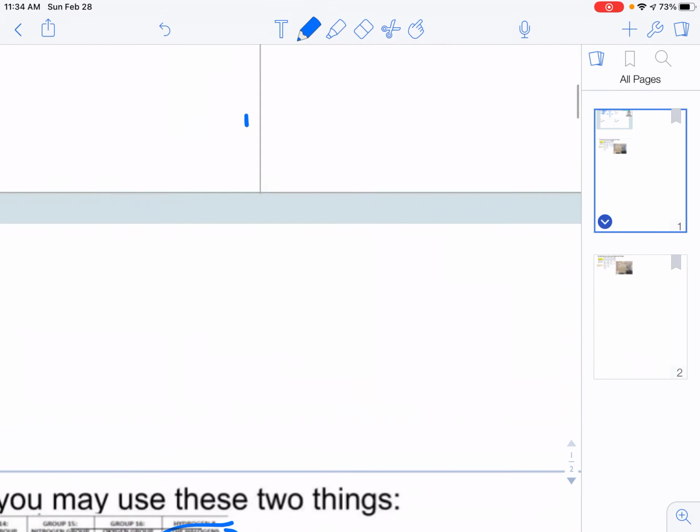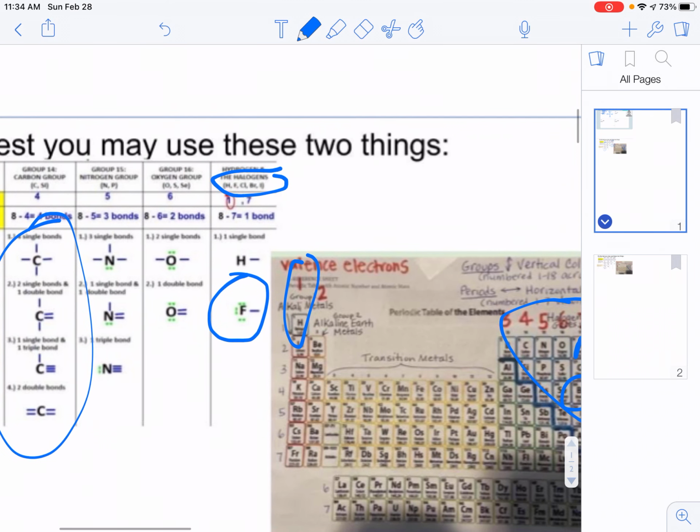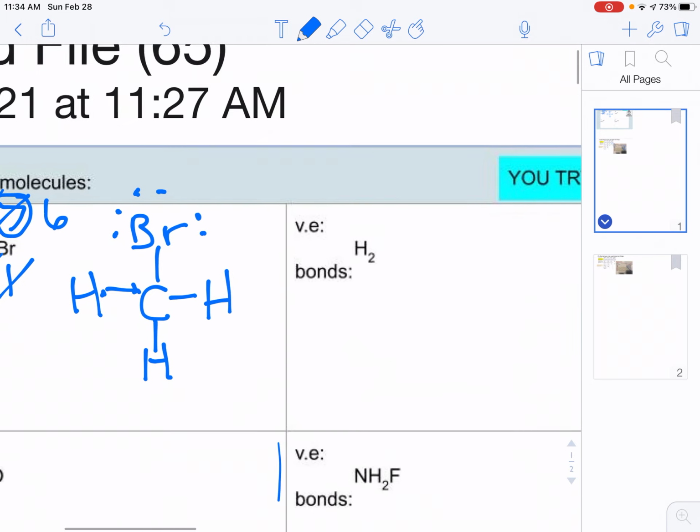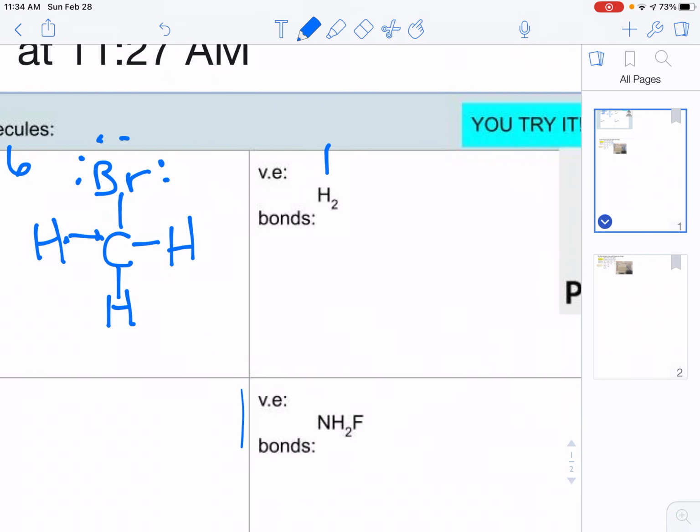Let's do this one. Hydrogen. Again, hydrogen is our exception to the rule. Let's get rid of some of this. It's in group 1 with 1 valence electron, but I'm remembering, and I hope you are too, that it still just has 1 bond because it's the exception to the octet rule. It only needs 1 bond to fill that first energy level.